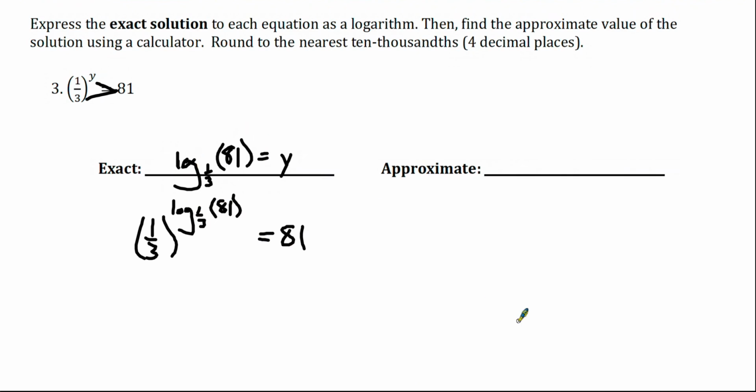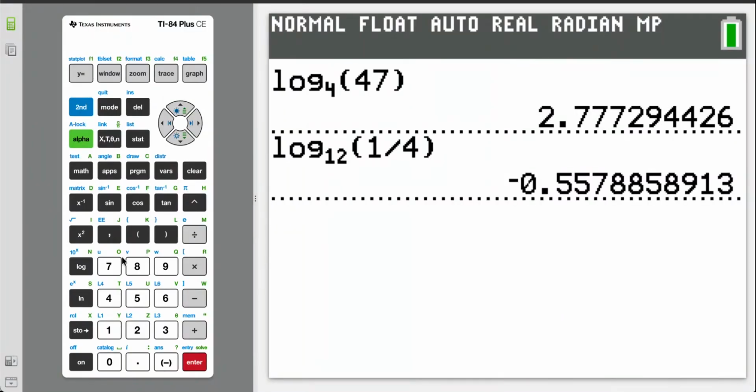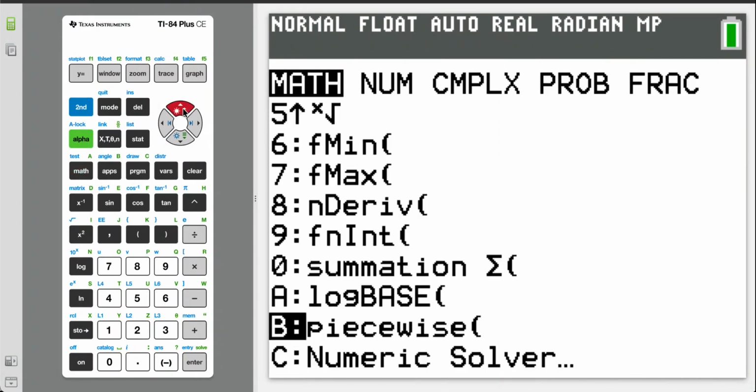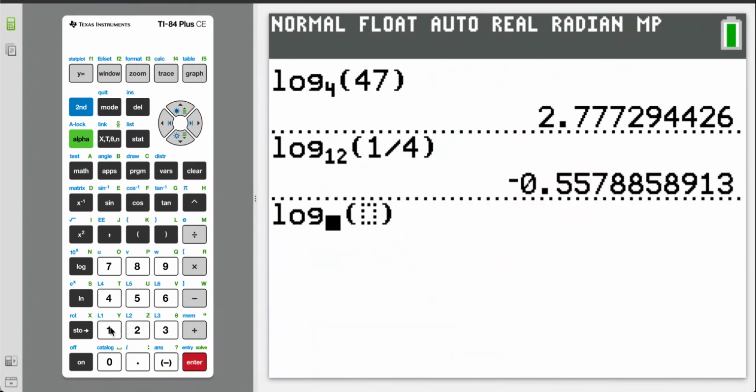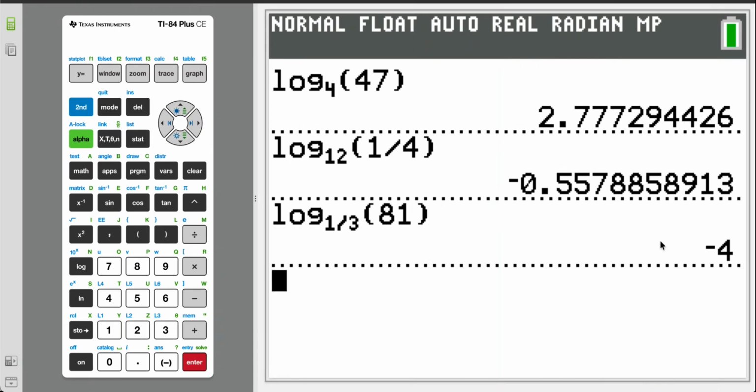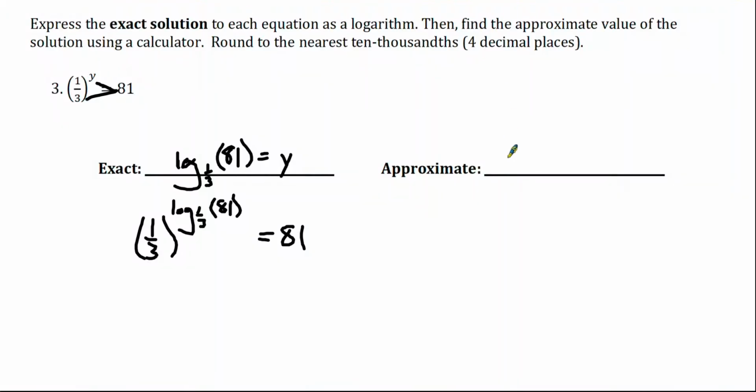And if I want the value of that, right, I can put this in the calculator. So math, scroll up to log base of 1/3 of 81. Oops. And this is an exact value, right? This is just -4. So I don't have to round this at all, right? This one is just equal to -4. And again, what that means then is 1/3 to the -4th power equals 81.